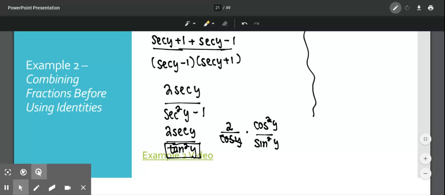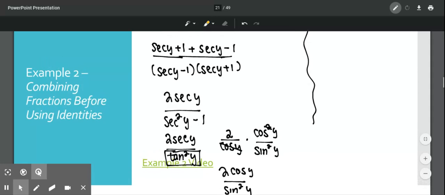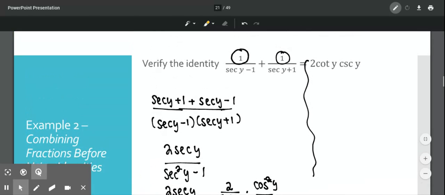Right, these simplify. And you're left with 2 cosine y over sine squared y. And so then what might be helpful is, if you're not sure what else to do there, go over to your right side and change that into sines and cosines.